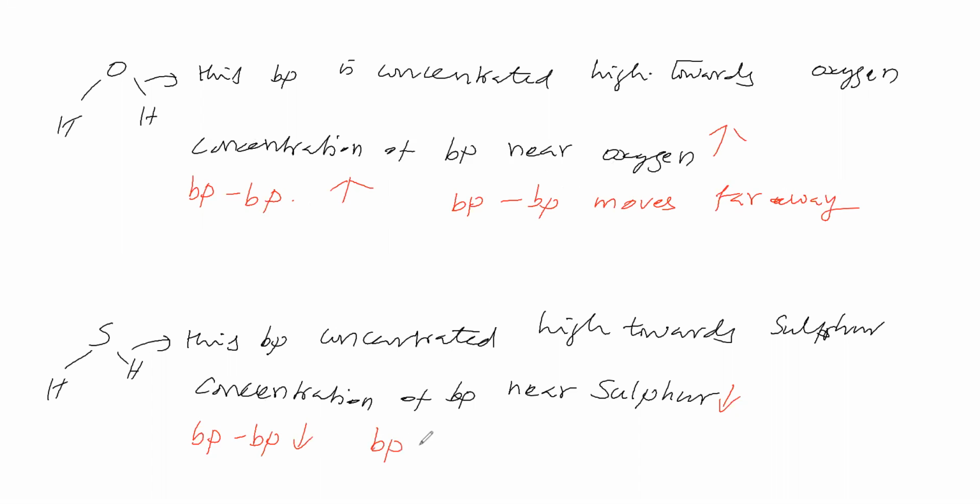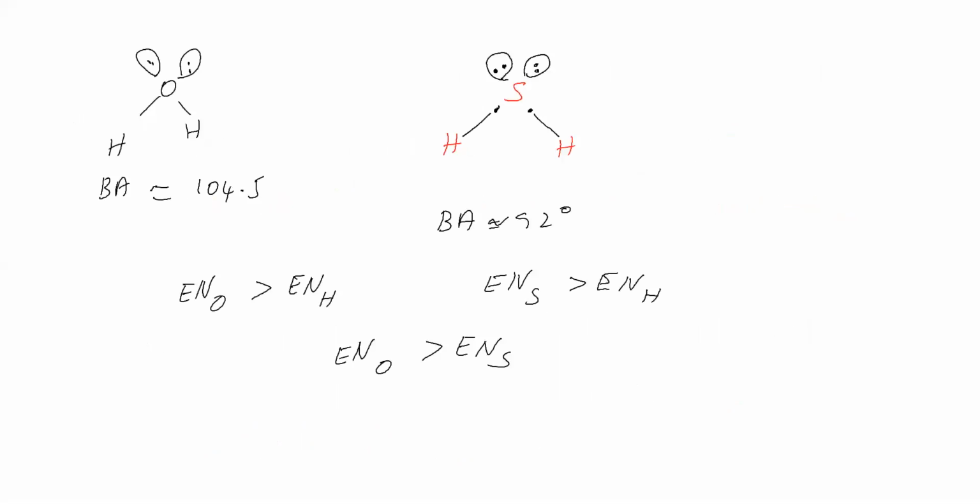But here bond pairs come closer. Therefore, here the bond angle is high, here the bond angle is low. Sir, so we got the idea of how the bond angle is in water and H2S.